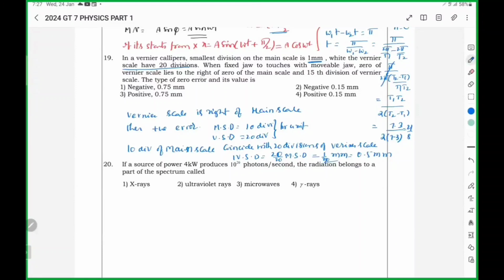So here he says the vernier scale lies at the 15th division of the vernier scale. So that zero error, how much is it? The vernier scale is coinciding with the 15th division. For one division, 0.5 mm. For 15 divisions, 15 into 0.5. There it is 10 by 20 of the main scale, that is 0.5 mm.